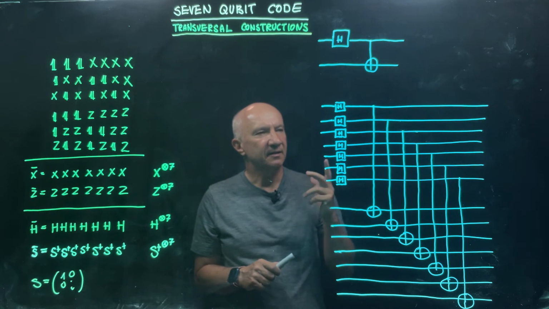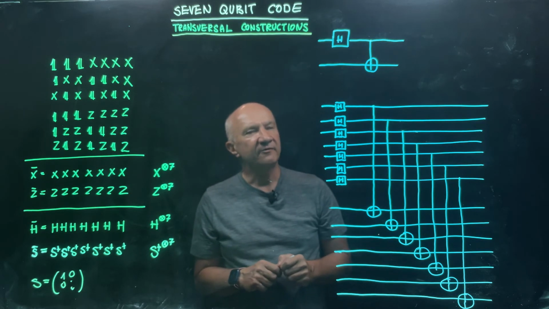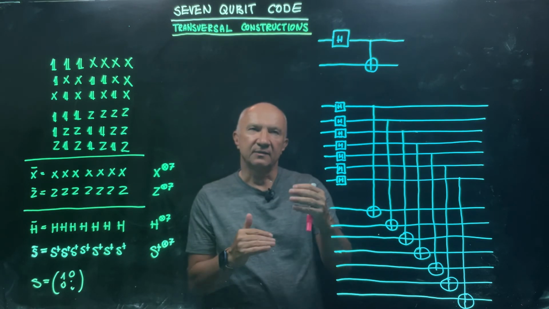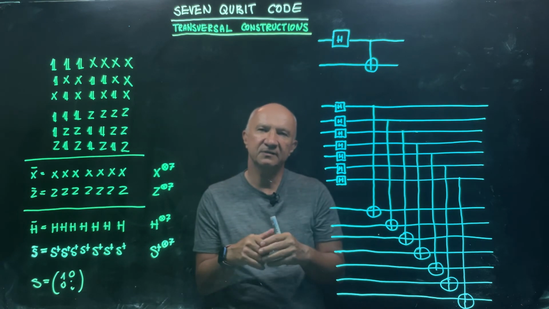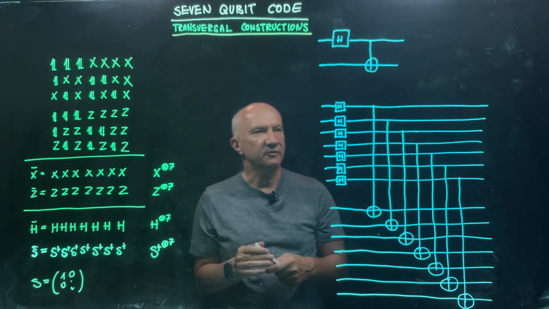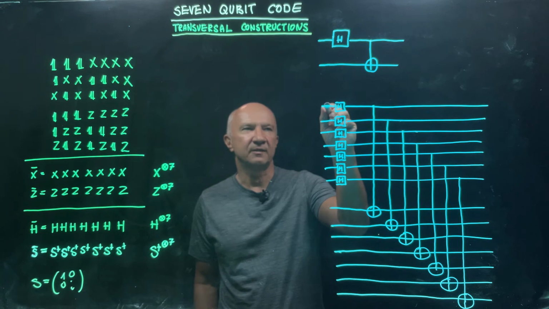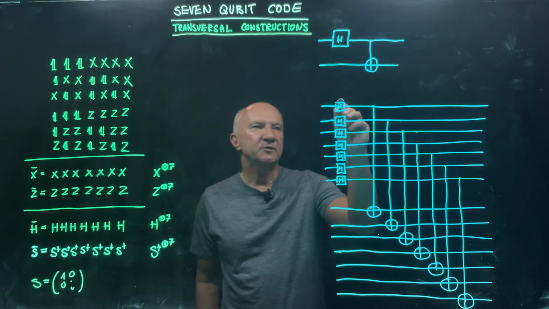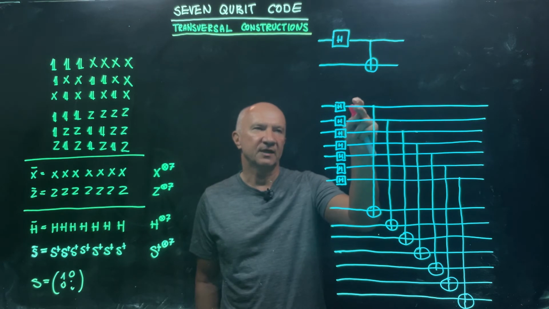But the important thing about this kind of construction is that if an error happens, the transversal construction allows us to confine errors. It doesn't propagate errors to different code blocks. So for example, if an error happens somewhere on this qubit, it will be just confined to this qubit after the Hadamard gate.